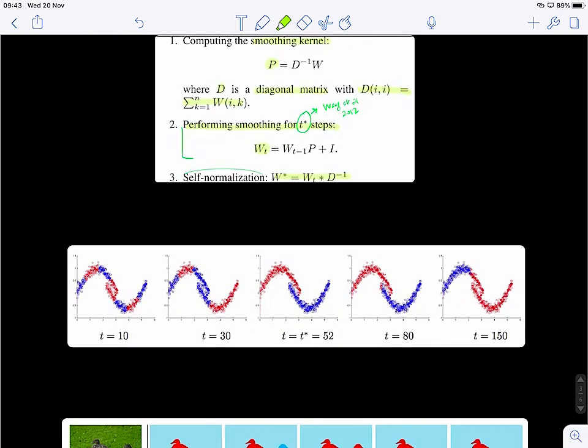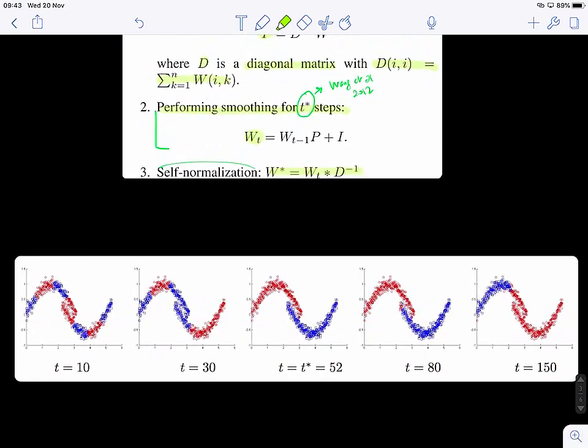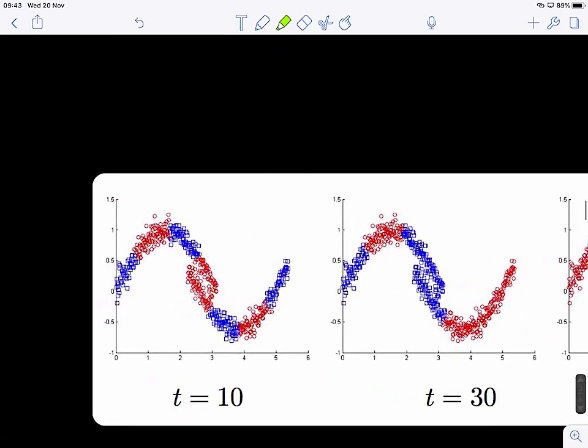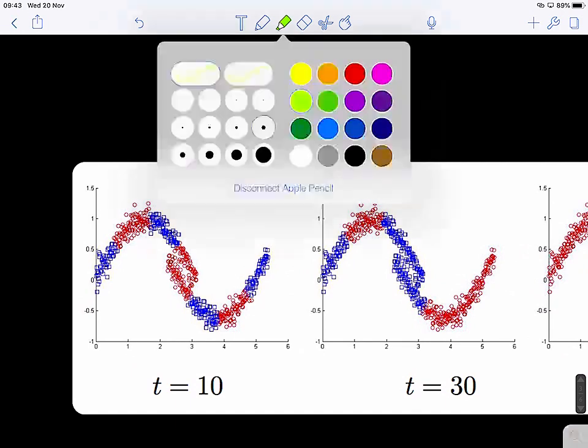Now, let's look at how this algorithm is able to solve many problems, including clustering and segmentation using diffusion on graphs. So, for example, you can see that here each point represents a sample. And the goal is to learn how to cluster similar samples together.